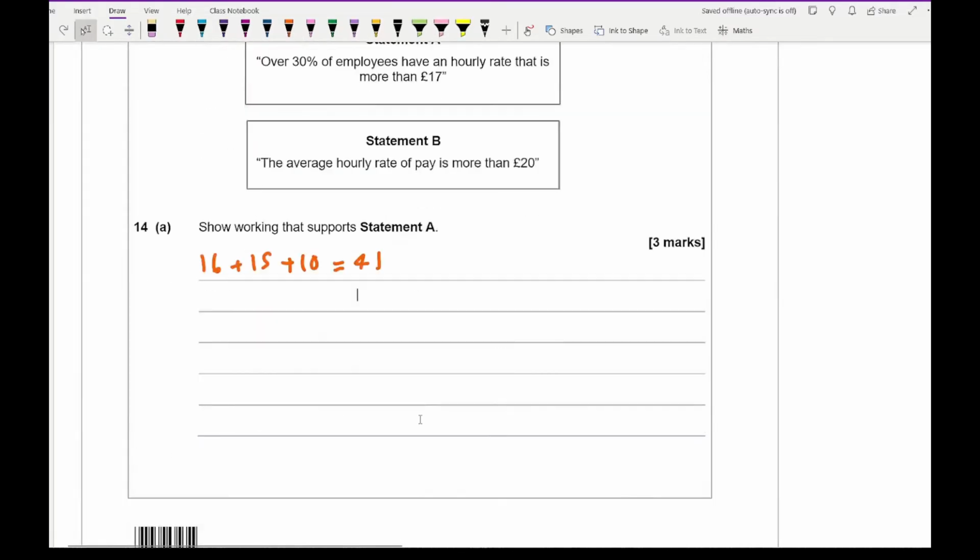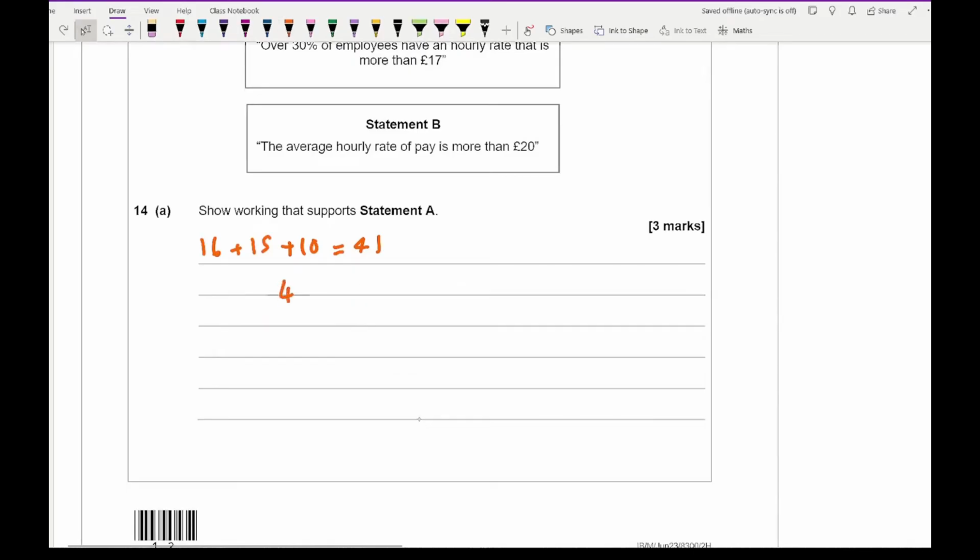And then what I need to do is work out the percentage. So it's going to be 41 over a total of 123 employees. Multiply that by 100 because we want it as a percentage. And that comes up to 33.3%. And as you can see, that is greater than 30%.